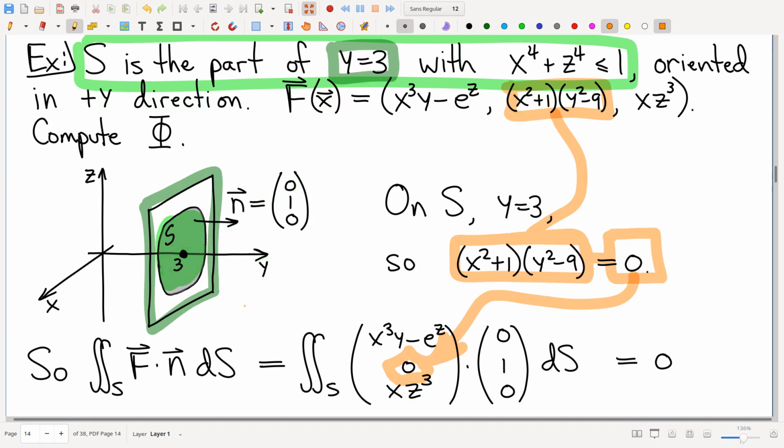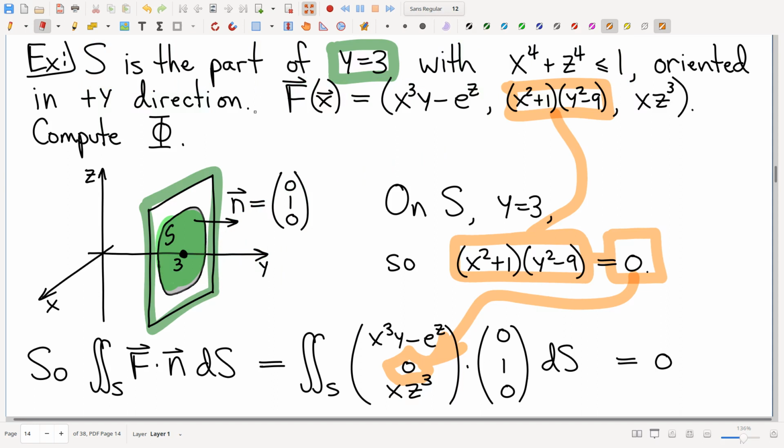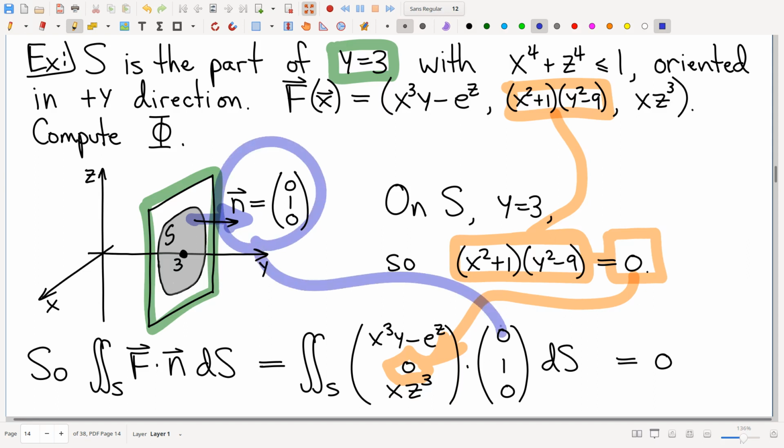The other advantage that we get, and all we need to know is that this is inside of that plane. Notice that means that our normal vector is easy to write down. Right? We have this plane, y is 3. That's the direction perpendicular to that plane. So that I can just write down. No parameterization required.